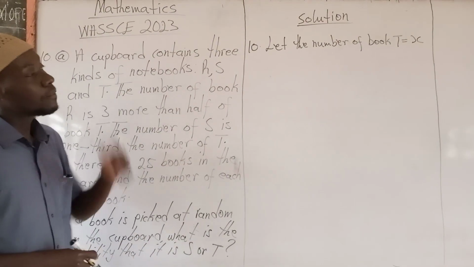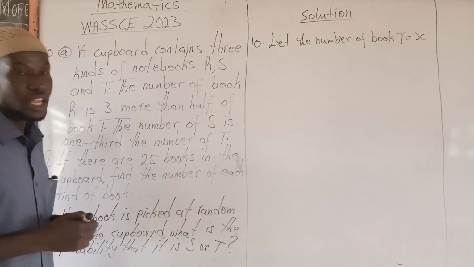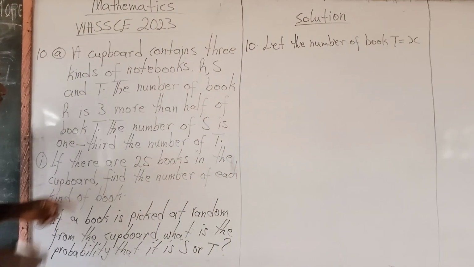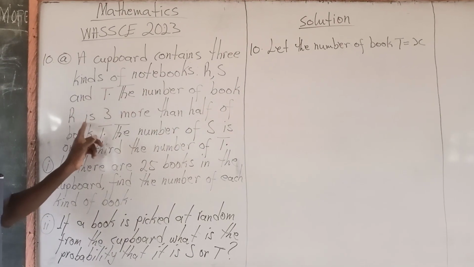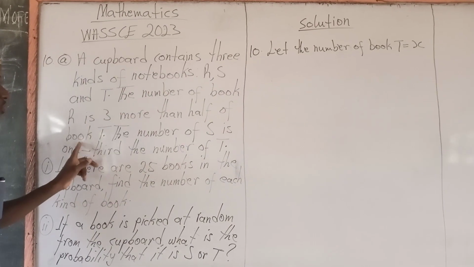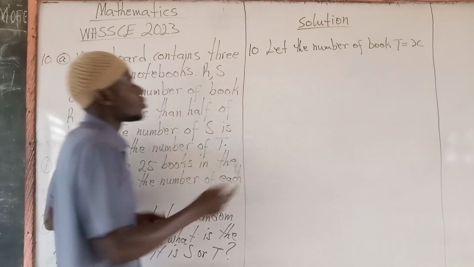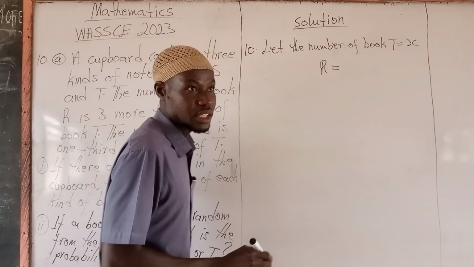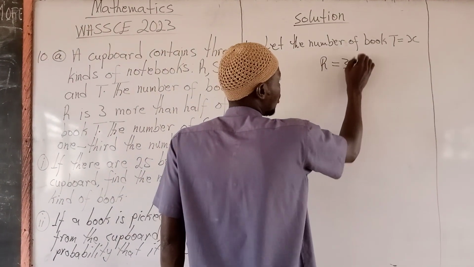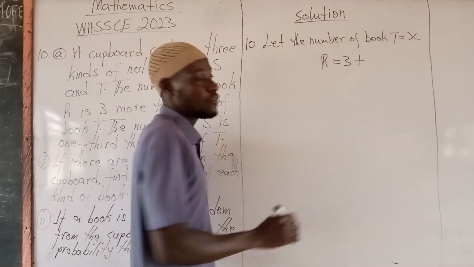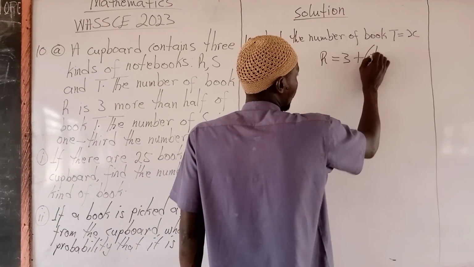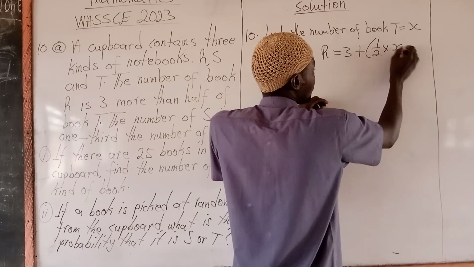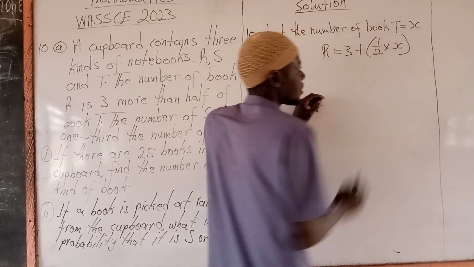And so if the number of book T is x, then we said the number of book R is 3 more than half of book T. So book R will be 3 plus half times book T, which is x.